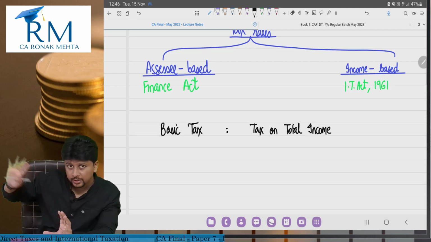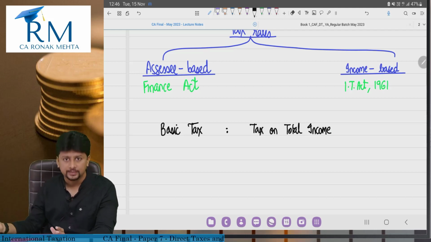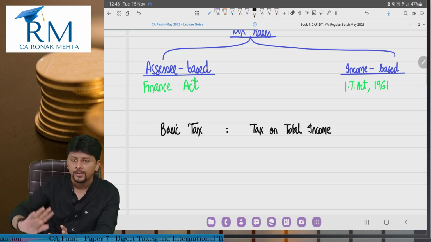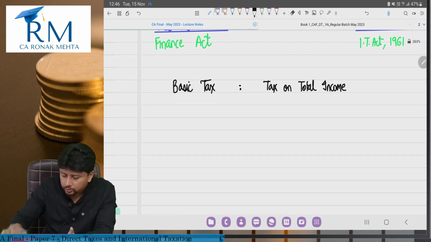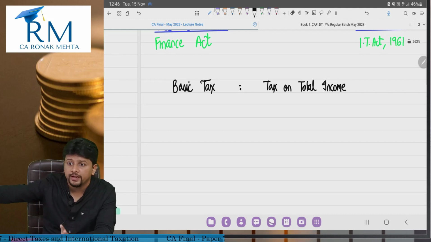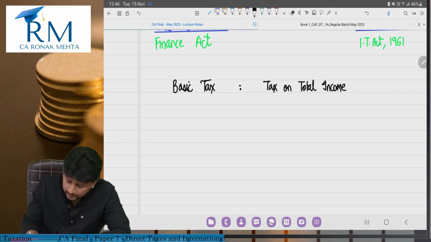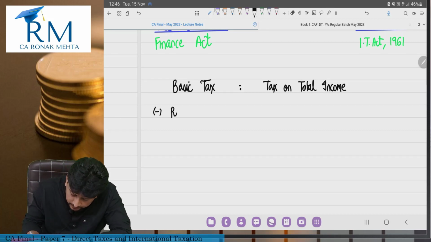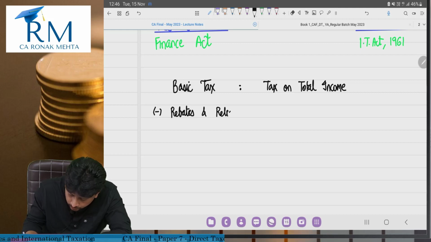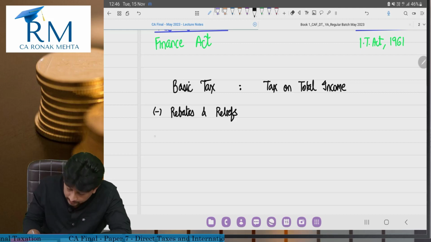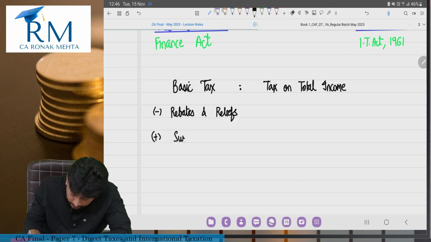So just to differentiate, because our final answer is also going to be tax payable, and to not have any confusion, I say basic tax is my tax on total income. Then from this basic tax, there are rebates and reliefs that are allowed. Then you have surcharge, and then you have health and education cess.